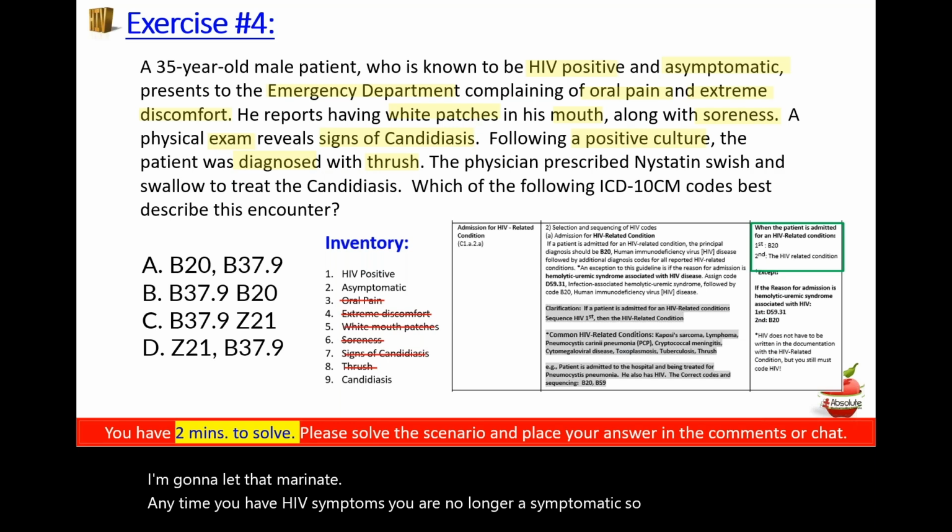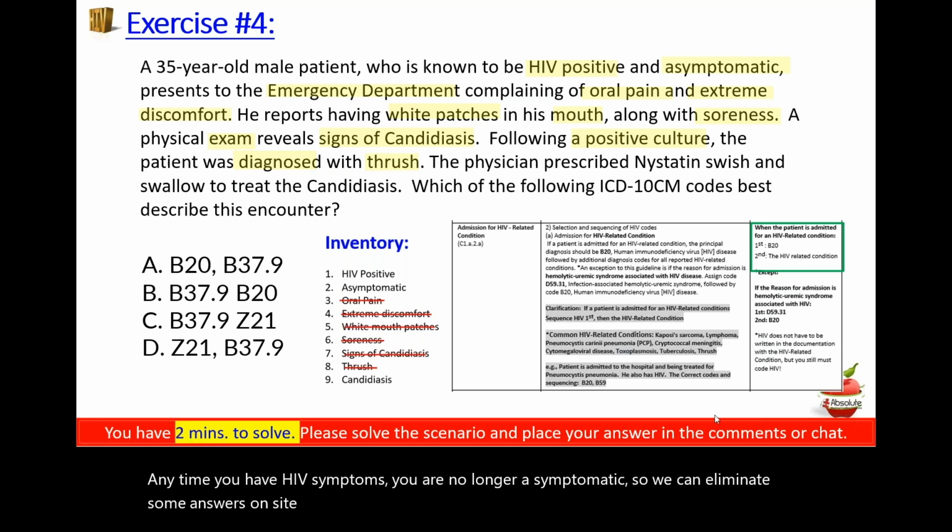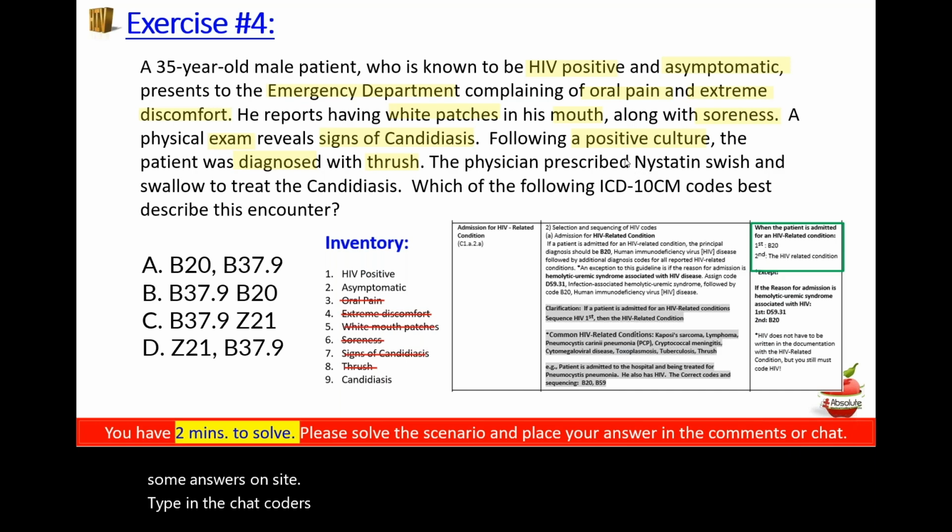So we can eliminate some answers on sight. Type in the chat, coders. I want everyone to type the answer in the chat based upon what I just said. Right, somebody said, we can get rid of A.